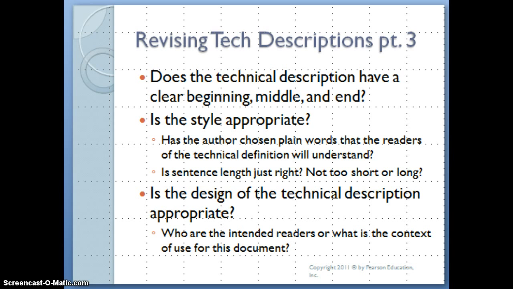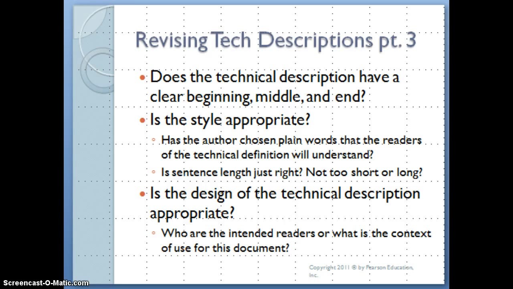Just like most documents, there should be a definite introduction, a body, and a conclusion to this particular document. Is the style appropriate within the document? Has the author or the team chosen plain words that the readers of the technical definition or description will understand? Is the sentence length just right? Not too short, not too long.